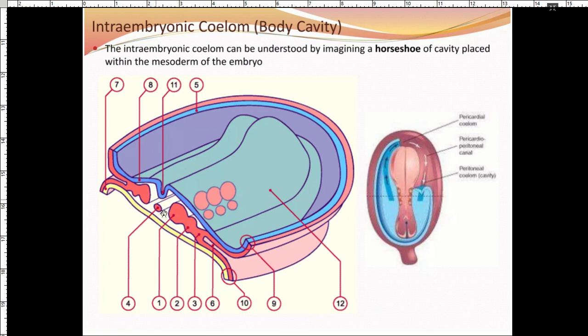So remember, starting from this is going to be your notochord. This is going to be your paraxial mesoderm, the one that we said forms the skeleton, myotomes, and dermatomes, right? And this is going to be your intermediate mesoderm, that is going to form your genital system, right?